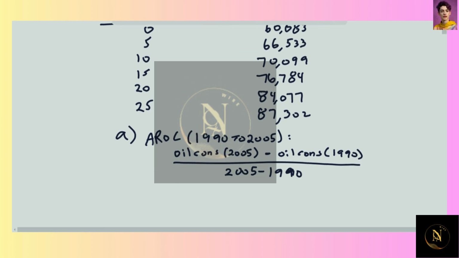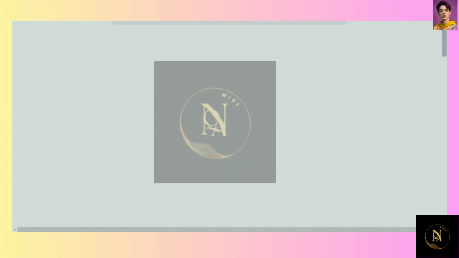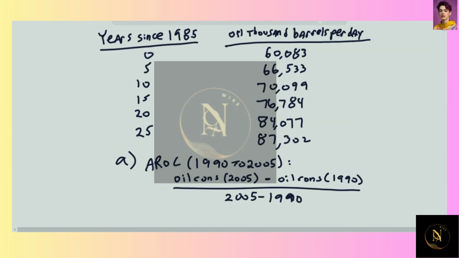Okay, well, let's see. 2005, where's 2005 on here? 1985 to 2005, that's 20 years. So that's here. 1990 would be 5 years after 1985. That would be here. All right.